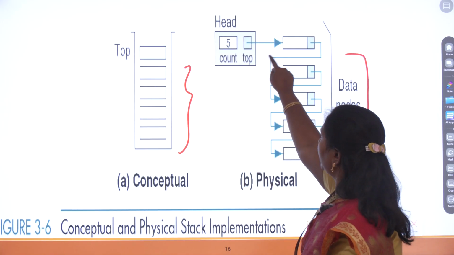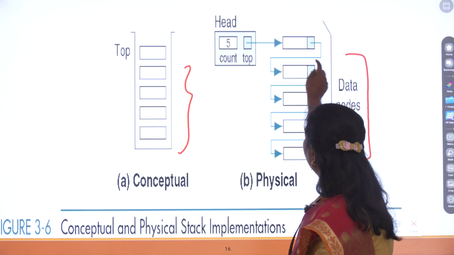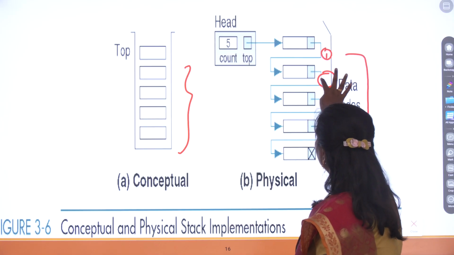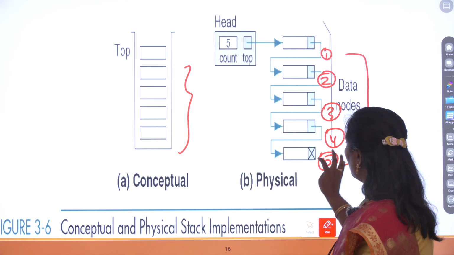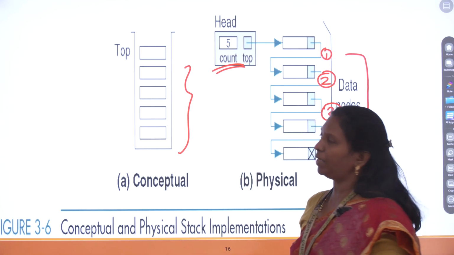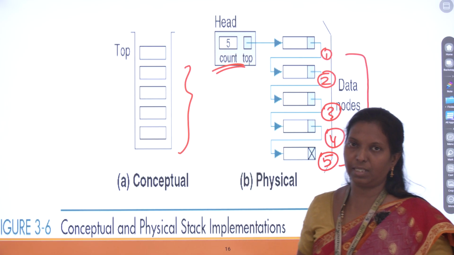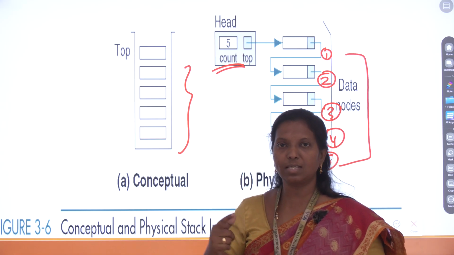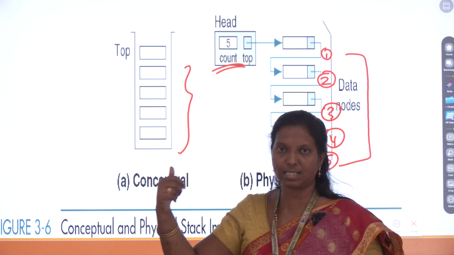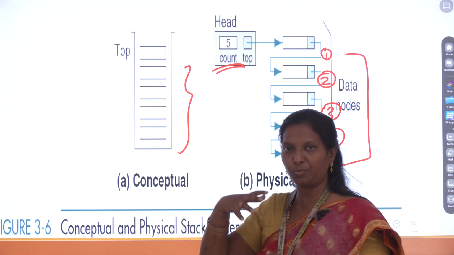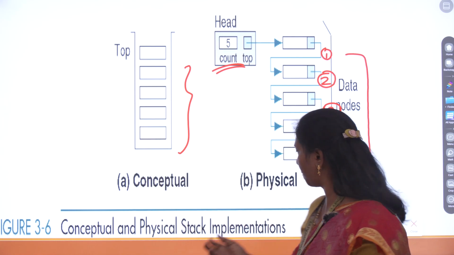When I have a linked list, the count of 5 will be given like this: this is 1, this is 2, this is 3, this is 4, and this is 5. So all my 5 nodes will be allocated in memory locations. This is the physical level of memory allocation while we are processing the stack, but this is the conceptual way which we are learning as the theoretical part.